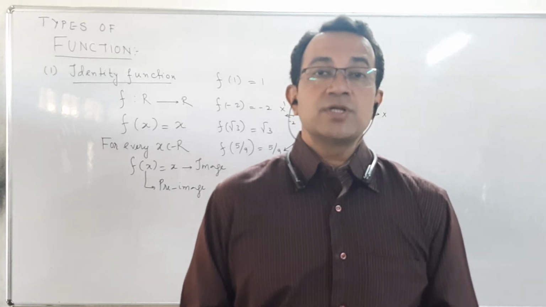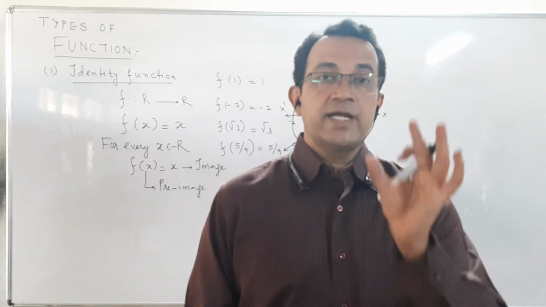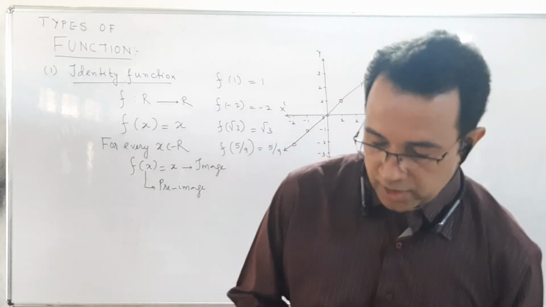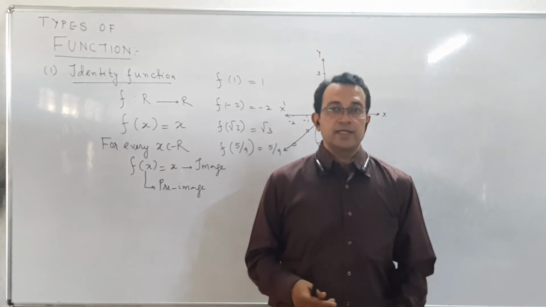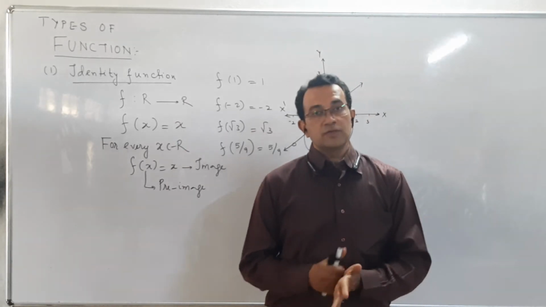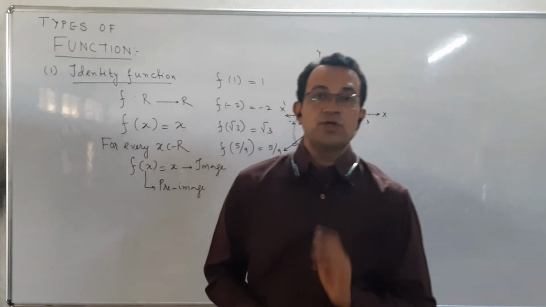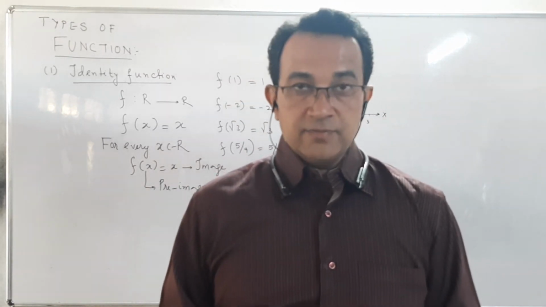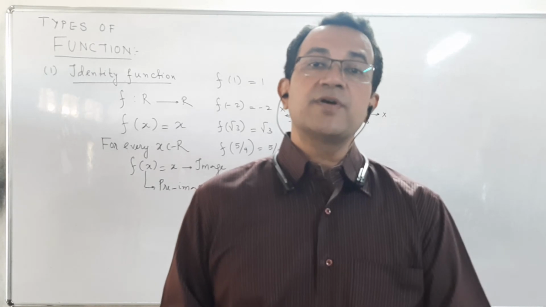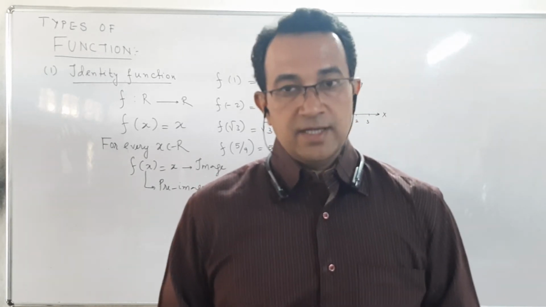So, as soon as students we define a function, say identity function, what is domain? R. What is codomain? R. Second, functional rule. Functional rule is f of x is equal to x. Means for every element of domain which is x, its image under the function f is x itself.